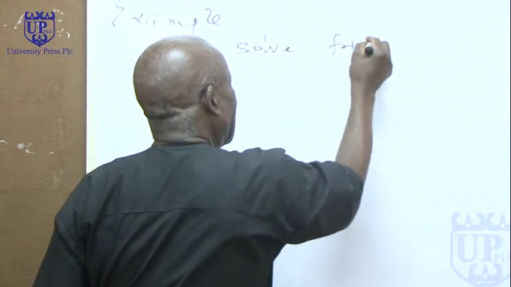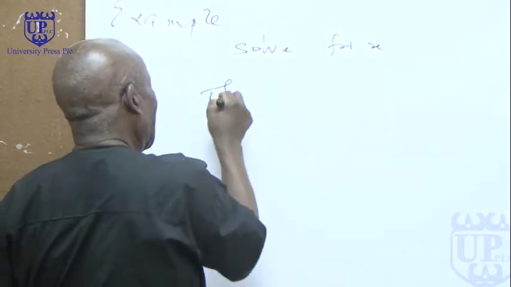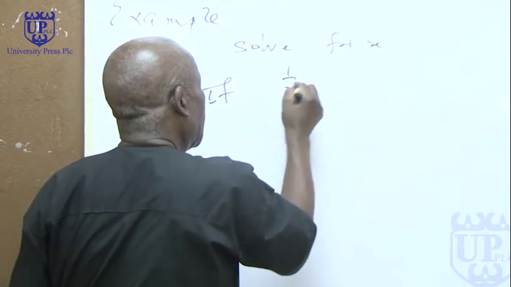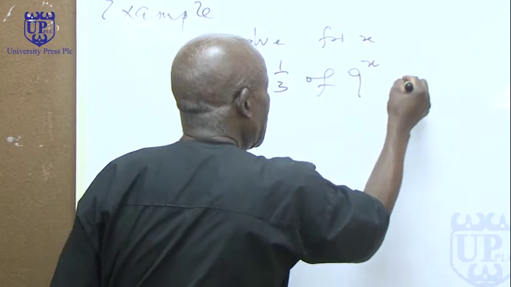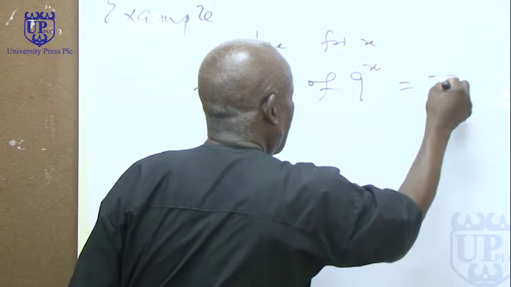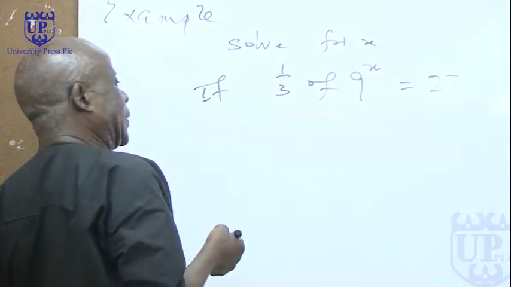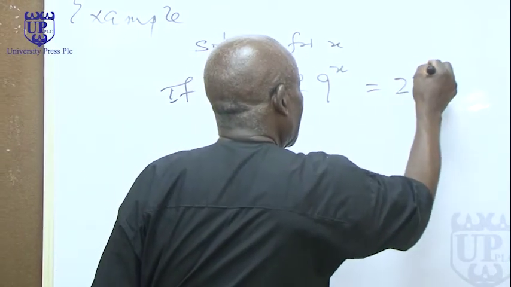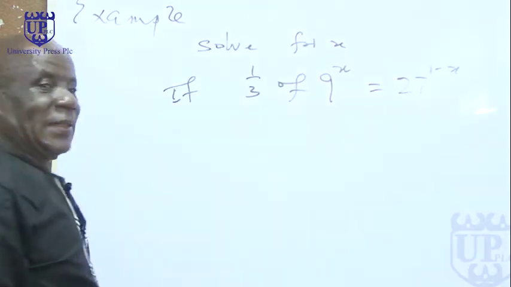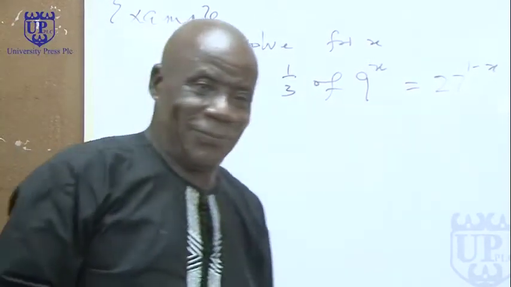Solve for x if 1/3 of 9 raised to power x is equal to 27 raised to power minus x. This is an exponential equation.